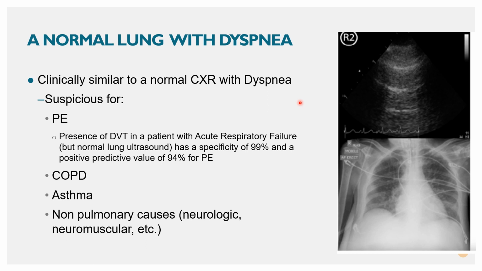Although obviously we're not going to be able to identify the location on ultrasound, it could determine your treatment plan from that point forward. Now, COPD, we can identify changes in the diaphragmatic position as well as shape. And so it can be useful in identifying COPD patients.